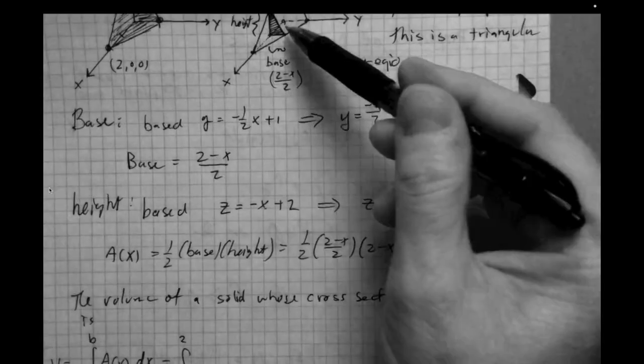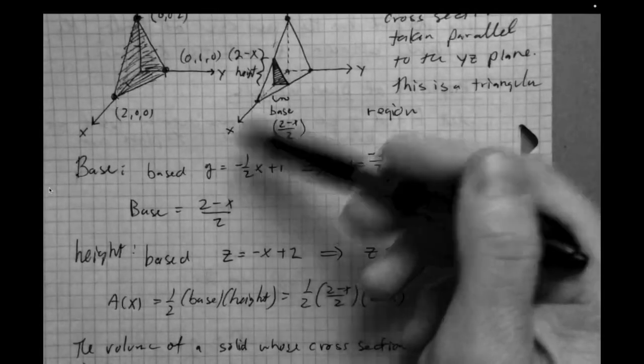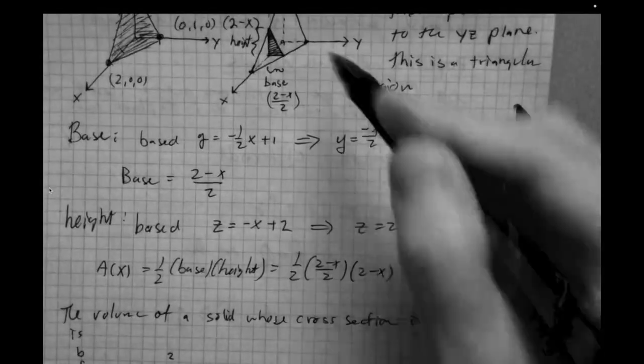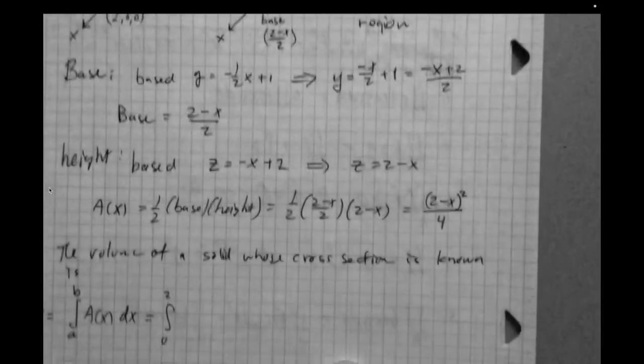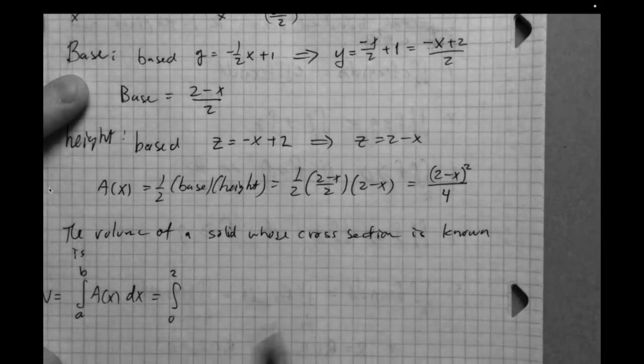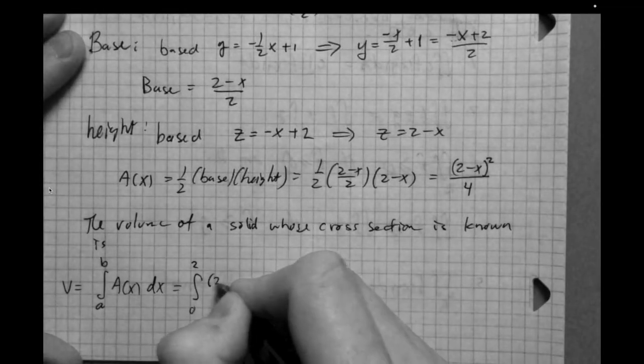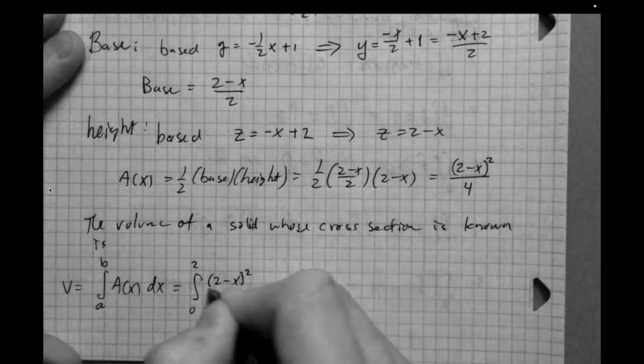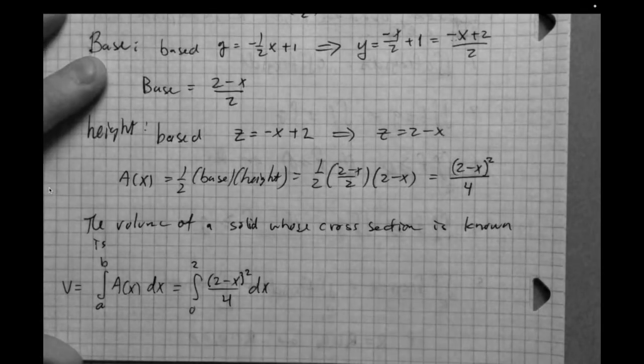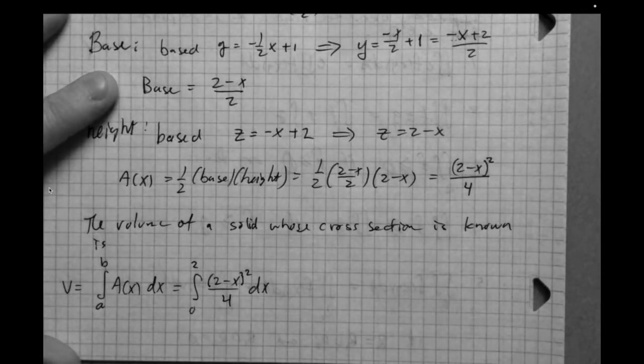It's just the way this is drawn, it looks like you're coming in the reverse direction, but this is the positive x-axis. So from 0 up to 2, and A of x we just calculated as (2 minus x) squared over 4. Okay, and so this is what the integral would look like.